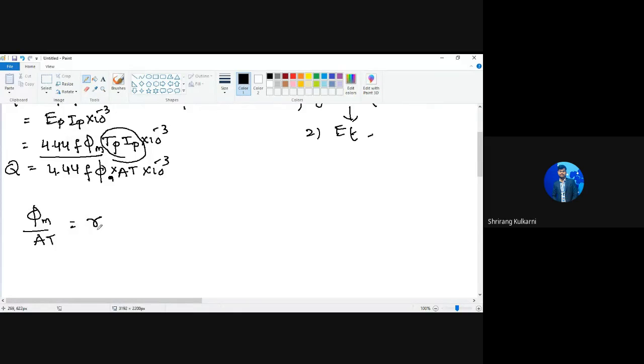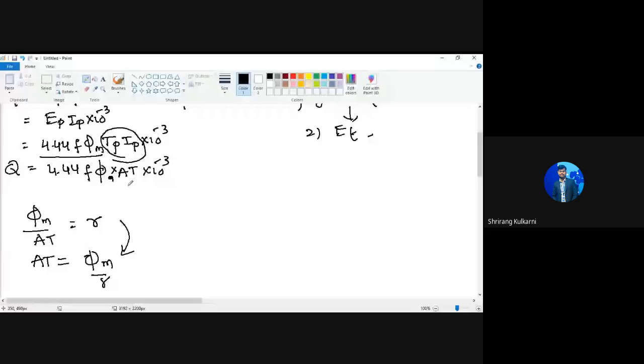So with the help of that, take AT. AT will be equal to phi m by R. From this I have written this one. Correct? AT is equal to phi m by R. Just substitute this AT in the equation number one. What will we get?